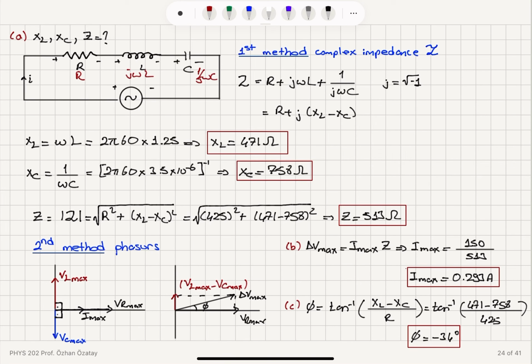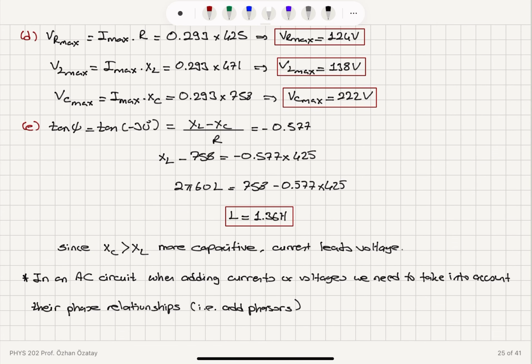We can replace all of these elements with a single impedance Z, frequency-dependent resistance. The phase angle we can calculate as tangent inverse XL minus XC over R. The voltage across each element has a maximum value, the maximum current multiplied by the impedance of that element, R for resistor, XL for inductor, XC for capacitor, which is omega L for inductor, 1 over omega C for capacitor.